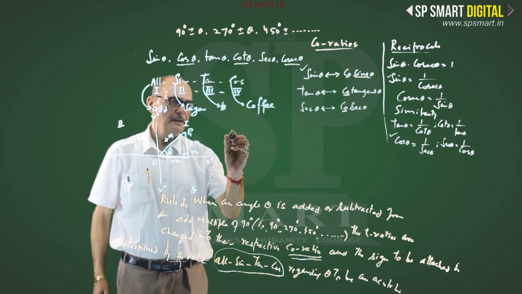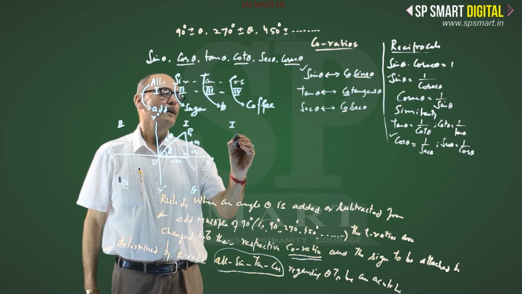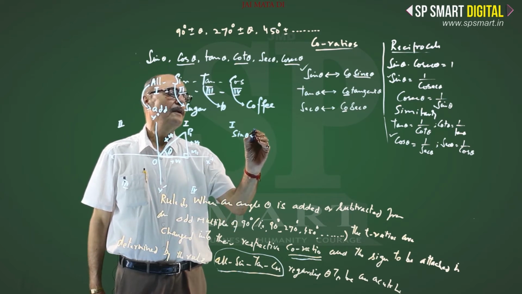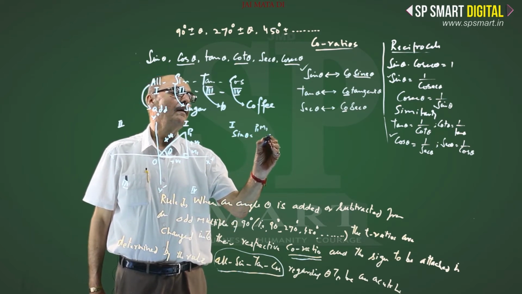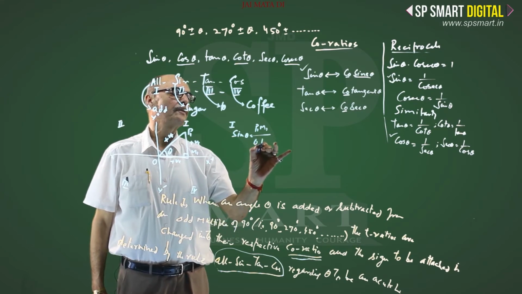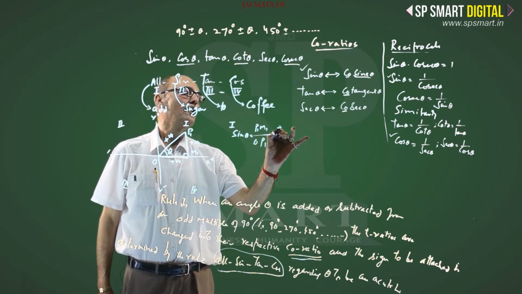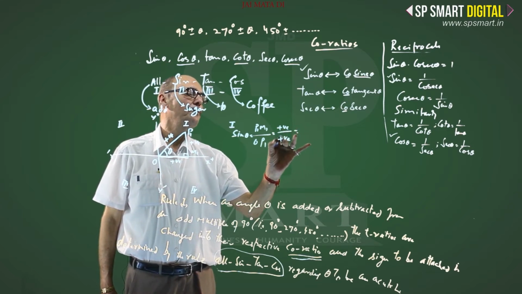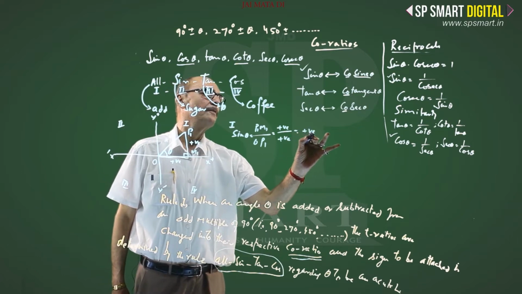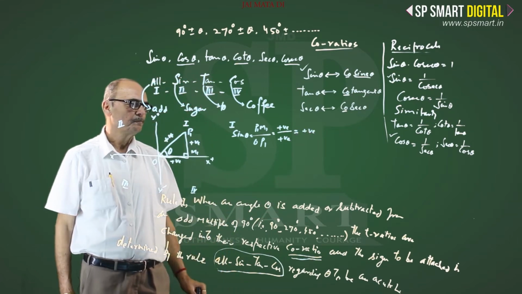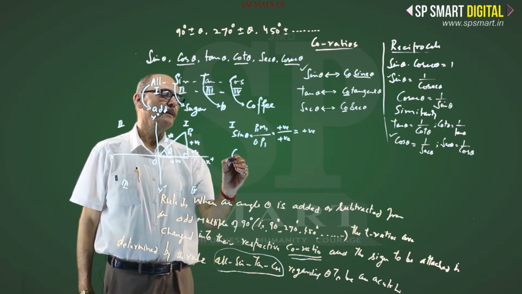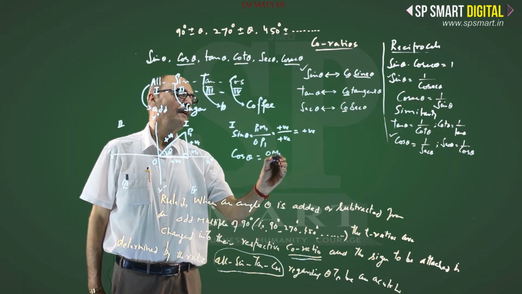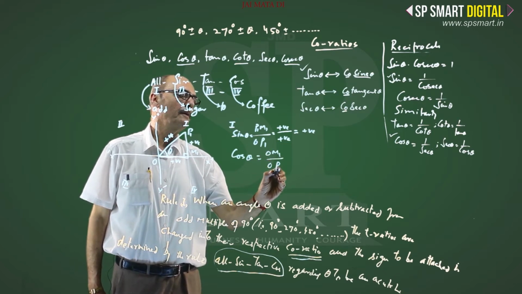In this first quadrant, if we take sine of theta, this is perpendicular upon hypotenuse OP1. This is positive, this is also positive. If you divide one positive number by another, you get the result as positive. So, sin theta is positive. Likewise, if you take cos of theta, this is base upon hypotenuse.